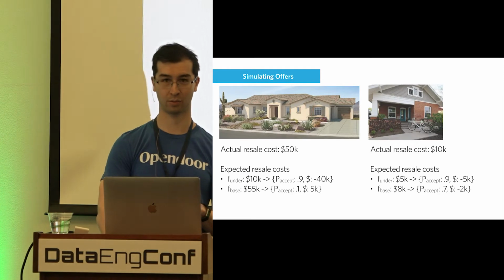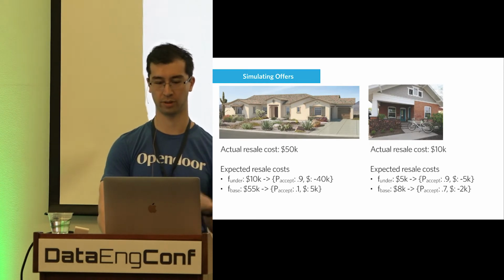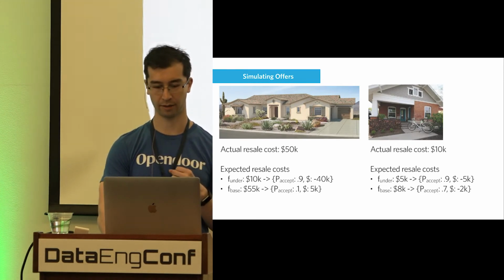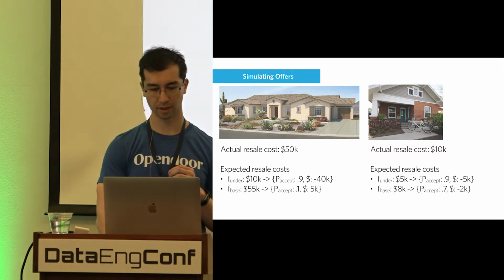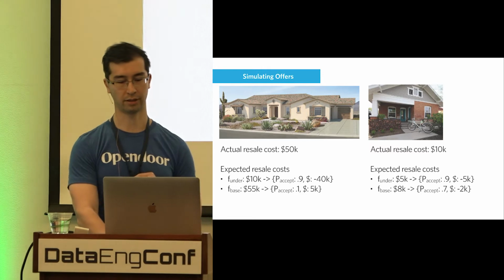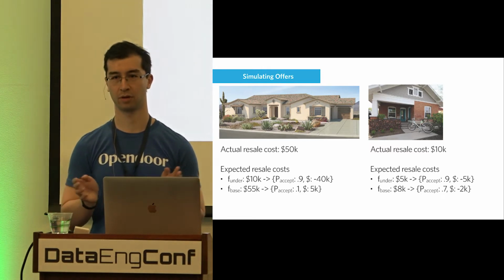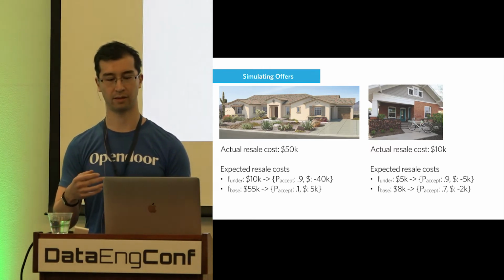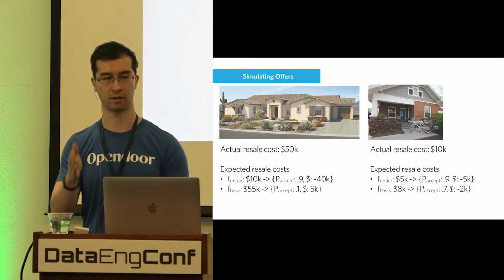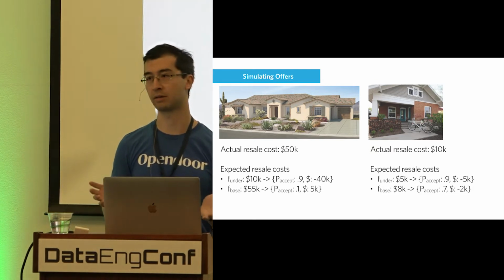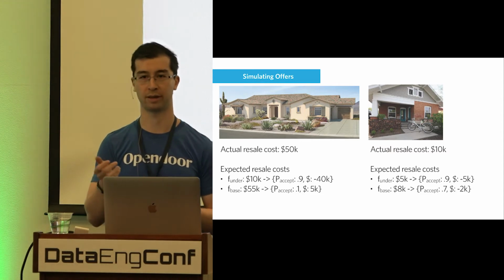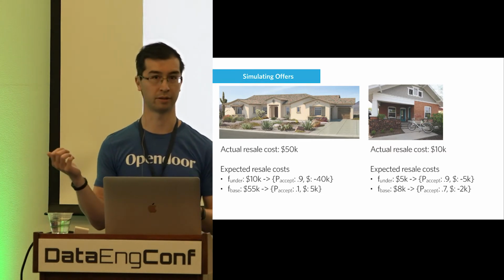So for the two houses we looked at, this is what the process would be. The first house, the very expensive, fancy house, because it took so long to sell, let's say it was $50,000. For us, we finance the majority of our houses, so we have to pay an interest rate every day, and there are also other upkeep costs and property taxes. So you can pretty much translate the time into resale cost.